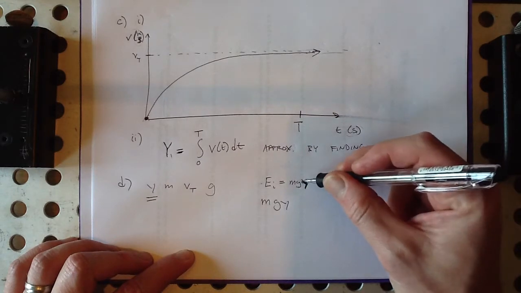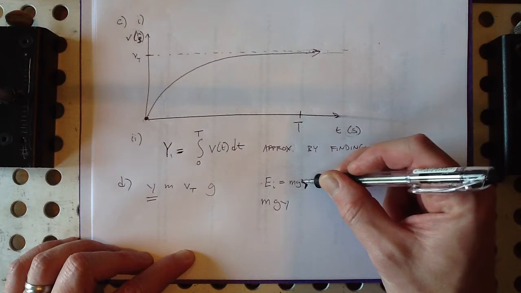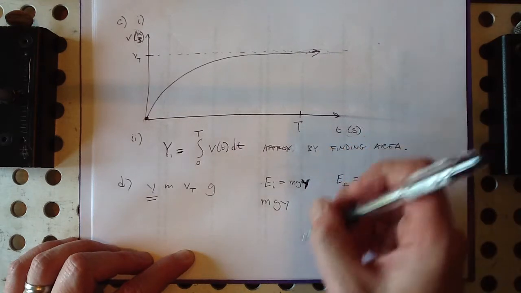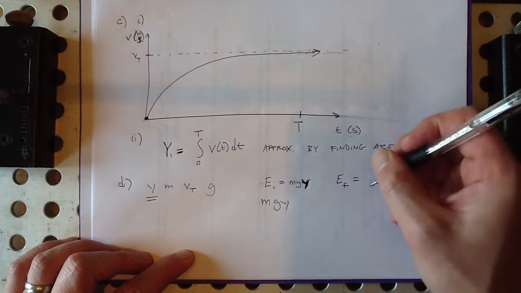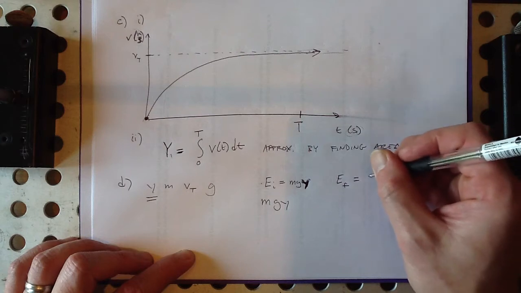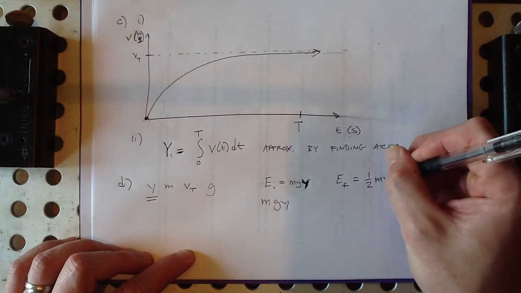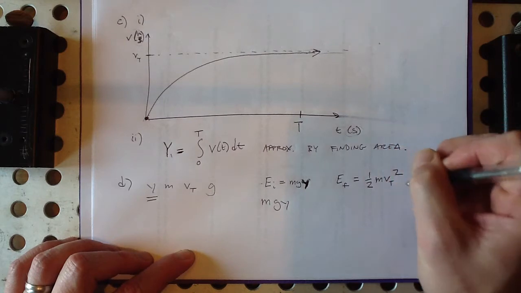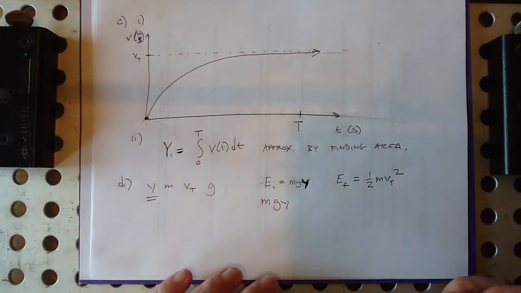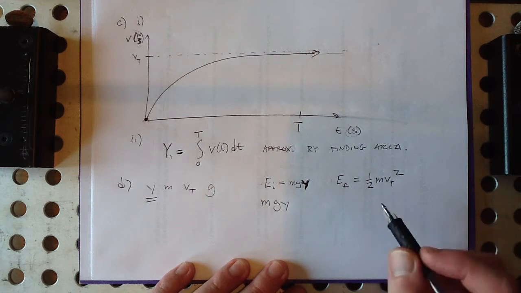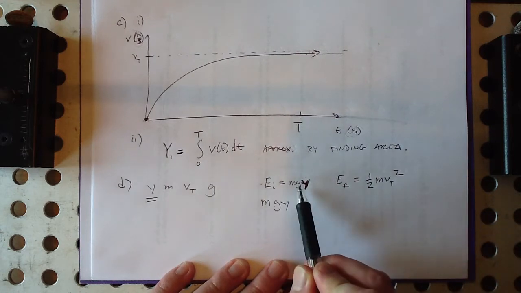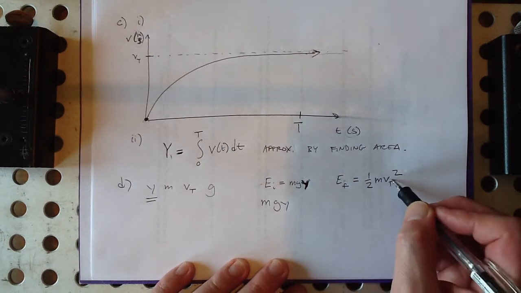Because this is our 0 point. We're using that as our reference point, y down to 0. So its final kinetic energy would be 1/2 mvt squared, right?